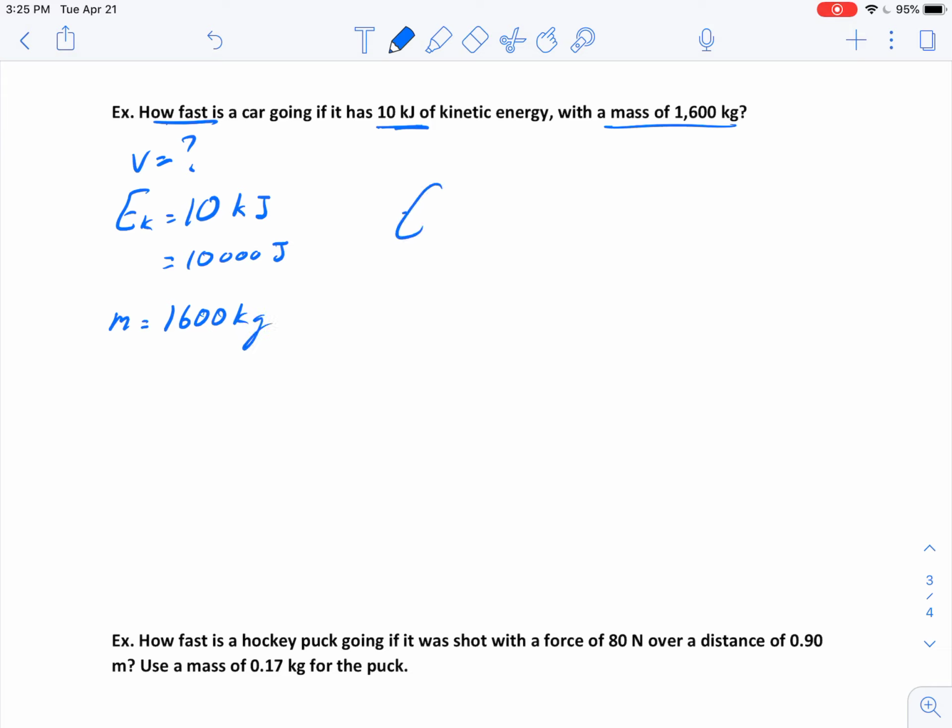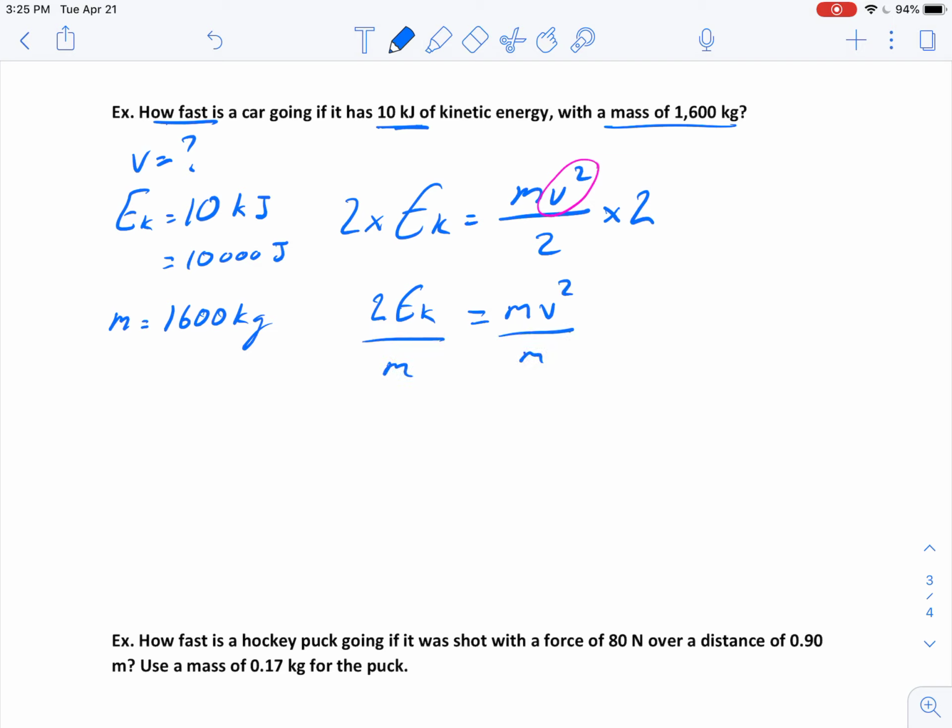So again, EK equals mv squared divided by 2, but this time we want to solve for v. So we need to get rid of everything else. Multiply by 2 to both sides. You get 2 EK equals mv squared. Now you divide by m. You get 2 EK divided by m equals v squared.